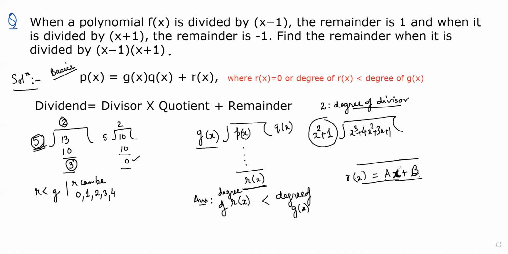This means that if we divide a particular dividend by a particular divisor, the degree of the remainder will always be less than the degree of the divisor.